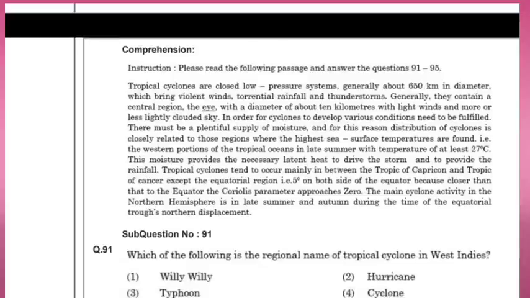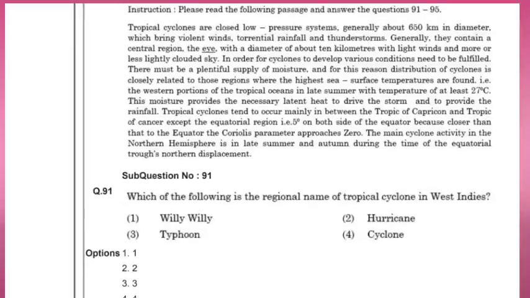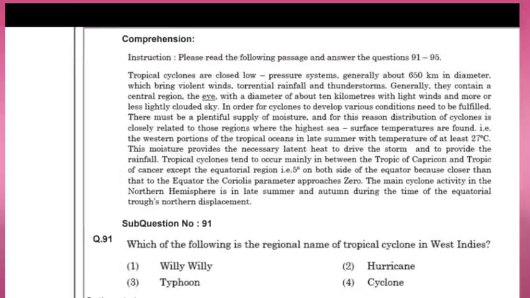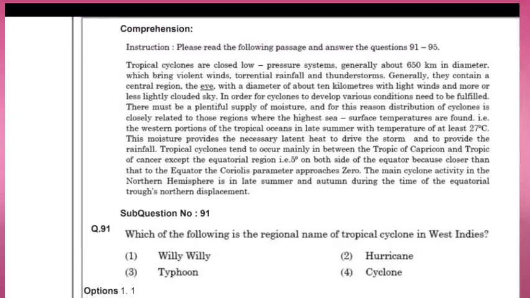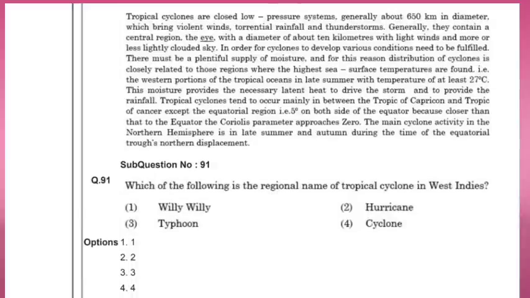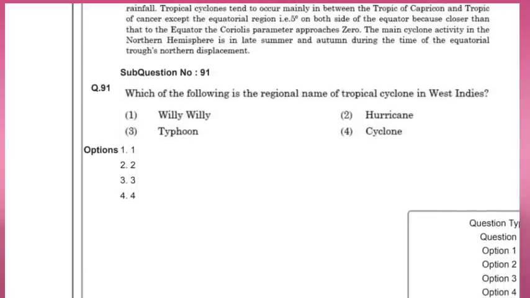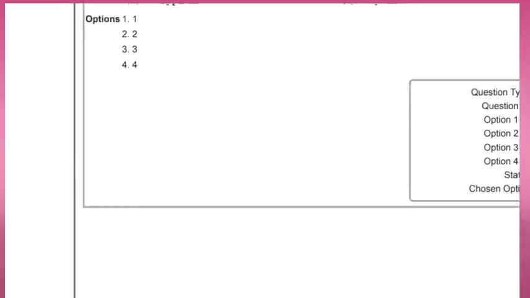Next, the comprehension questions, which run continuously, question IDs 688 and 691 to 695. Question ID 688 is the correct answer here. Which of the following is the regional name of the tropical cyclone in West India? The answer is hurricane, option 2.